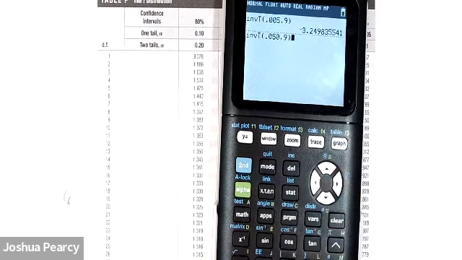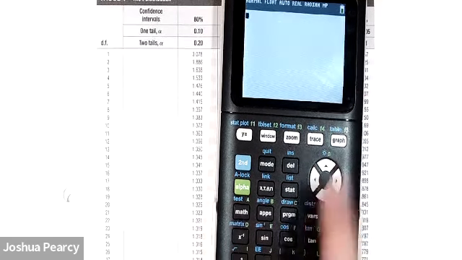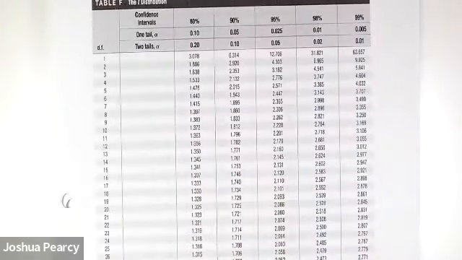So the area to the left of the negative critical value is 0.05. And the degrees of freedom in this case is 17. And if you do that, negative 1.7396, if you round that to 2 decimal places, negative 1.74, which implies the positive one is obviously positive 1.74.